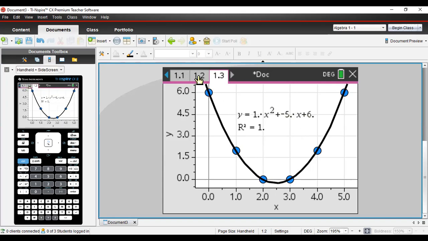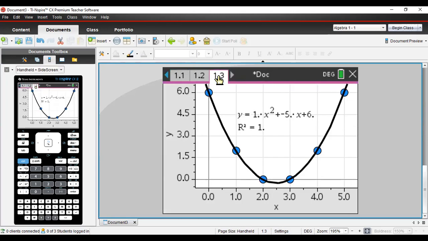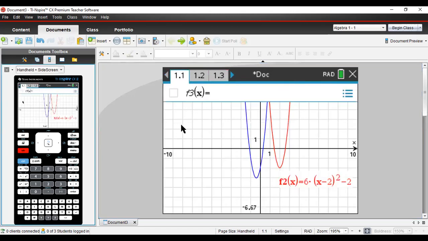So if I go here, I'm going to enter that equation. Actually, let me go back and write that down because it's 1x squared plus a negative 5x plus 6. That's h of x. So I'm going to go here and press tab and then enter that.